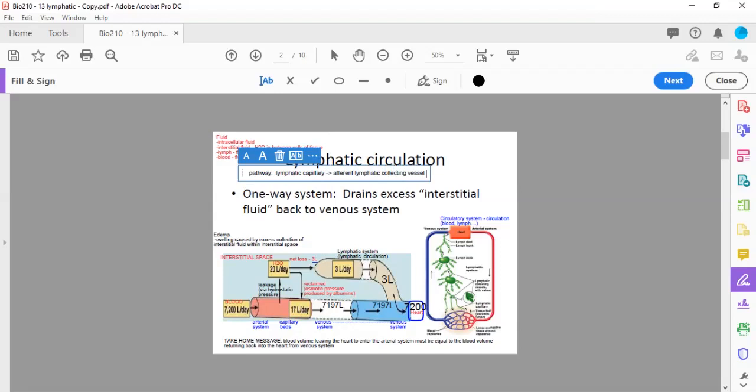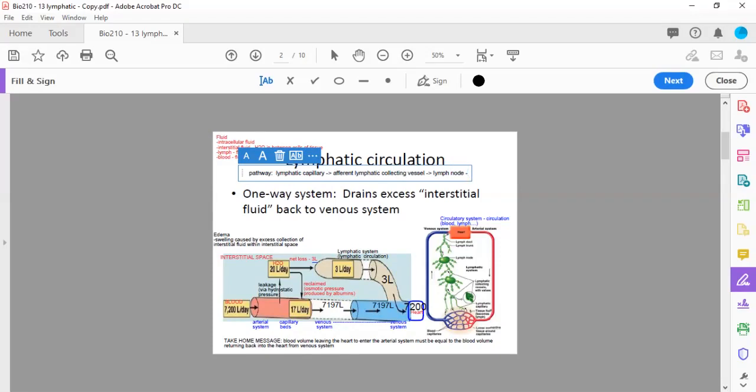I'll just use one. There's more than one. Okay. And from there on, it goes into what's known as the lymph node. So we know for a fact there's more than one lymph node. That's obvious. But I'll just use one. I'll keep everything consistent in singular form.